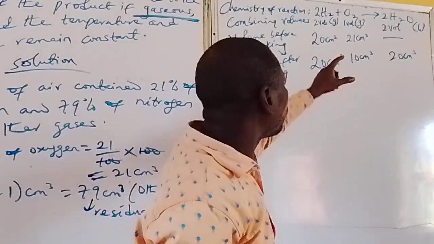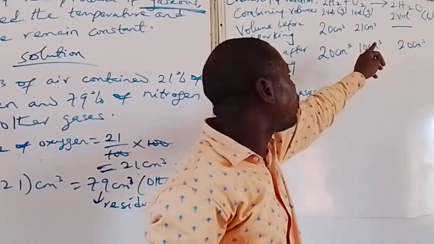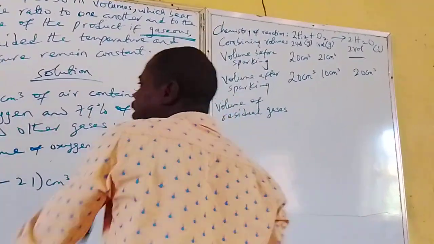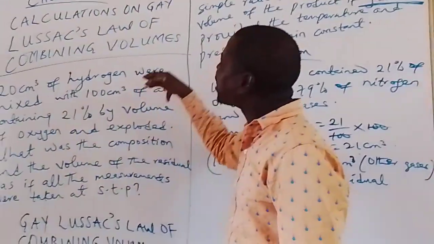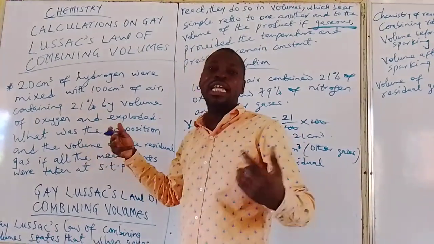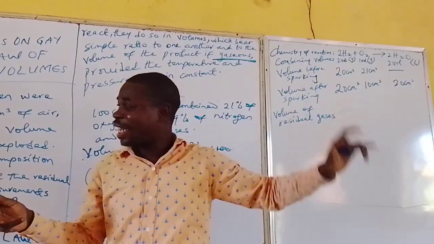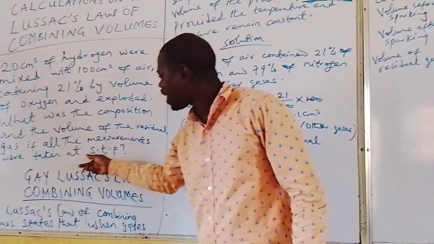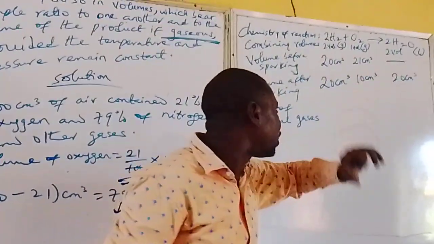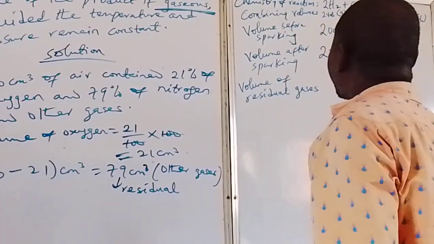The only time we deal with water as gas is if in the context we were told that at 100 degrees Celsius, water becomes vapor. It's no longer liquid, so we treat it as gas in that case. But this case is at standard temperature and pressure. At normal temperature and pressure, water is liquid. So that is the reason this will be left out of the calculation.